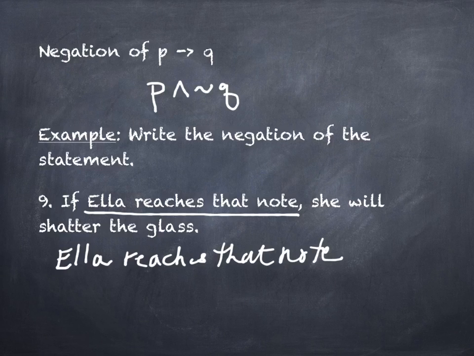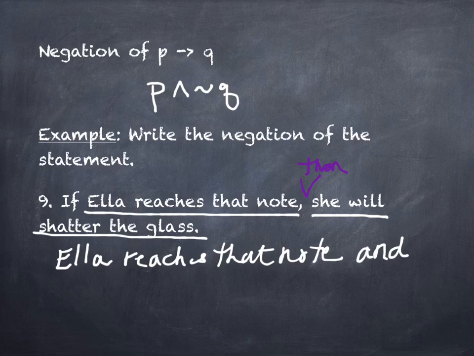Now I know on this one you don't actually see the then, but the then of course is right here. So after we get to the then, we have the second statement, she will shatter the glass. So my implication, notice up above, when I do the negation, I have an and connective, so I'm going to put and here.